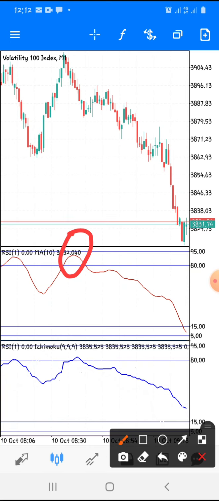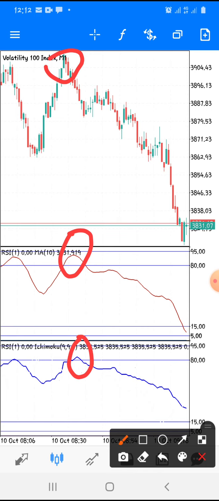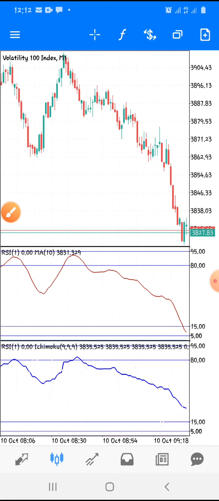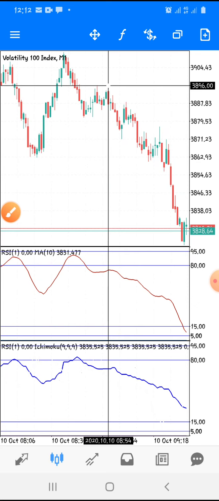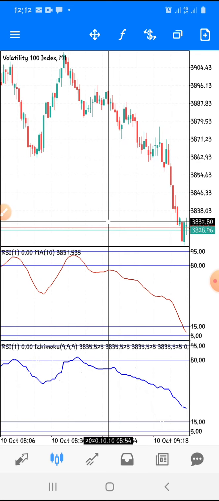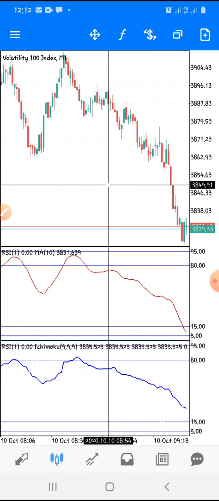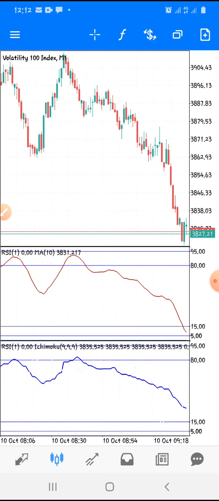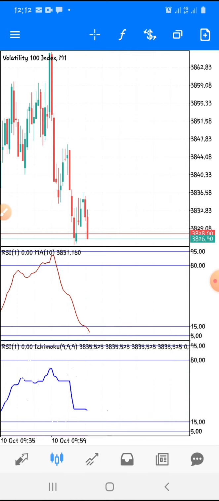The Ichimoku was in between or slightly below the 80% level. You see here the market showed a double bottom, and the trend was moving at a very high rate downwards. Even now the market is still down. If you took the trade from this level, which is 3904.43, now the market is 3828.53, you'll be making a lot of money. So guys, this is very, very powerful.